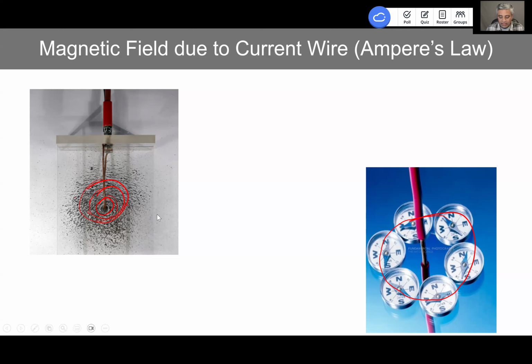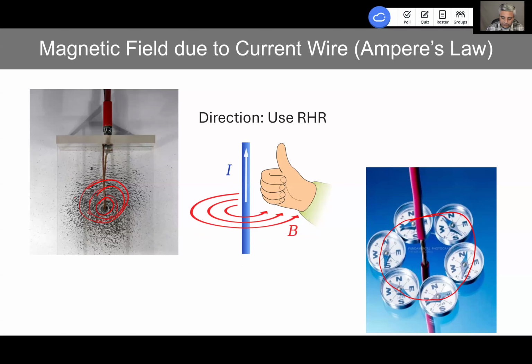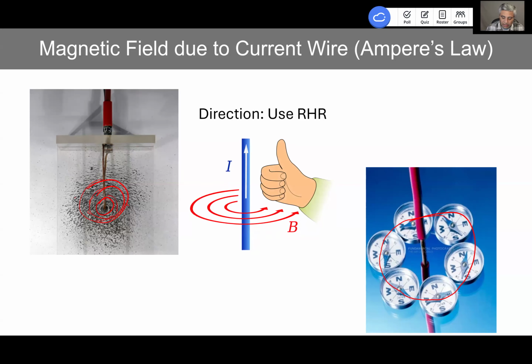So this magnetic field due to current in a wire, to find the direction, we can use the right-hand rule. Remember, we're going to be using the right-hand rule several different ways. This time, we are grabbing the wire.